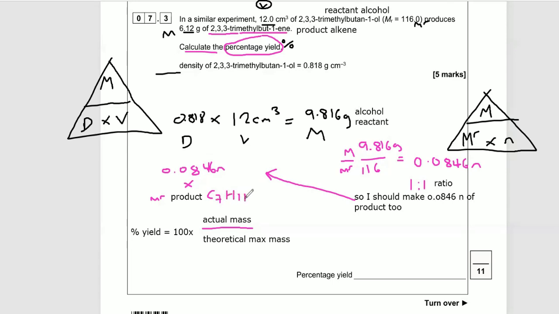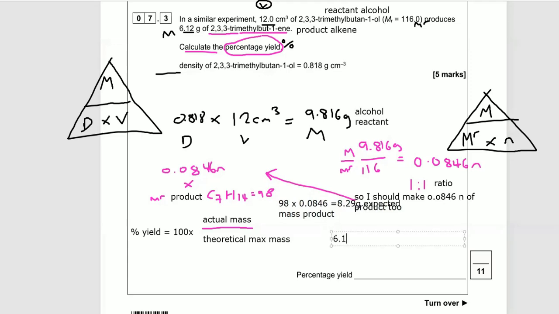That means there's 7 carbons, C7. Remember the formula for alkenes is CnH2n, so just double the number of hydrogens. So C7H14, which has a Mr of 98. So times that by the number of moles we should make, and it tells us that the expected mass is 8.29 grams.